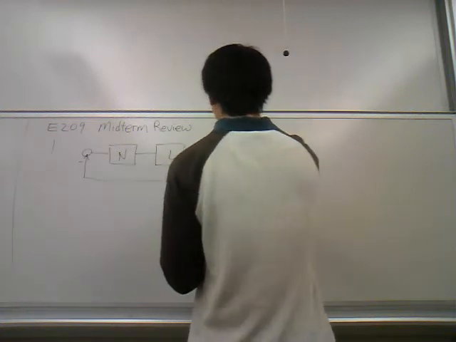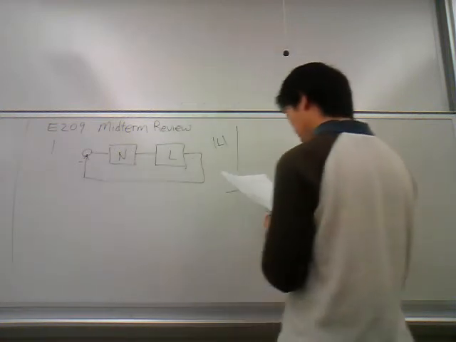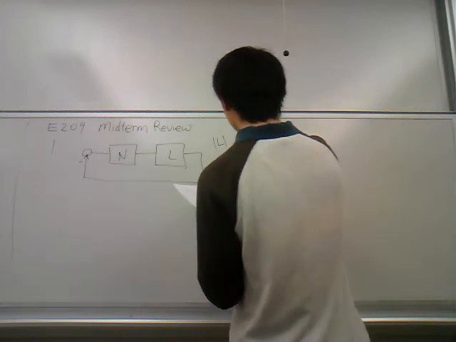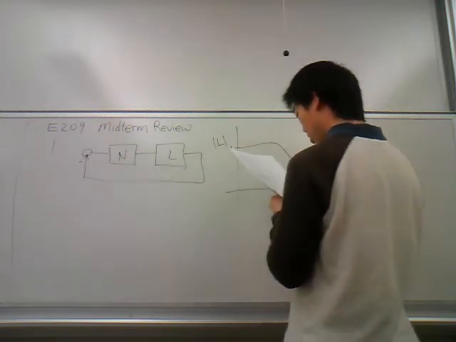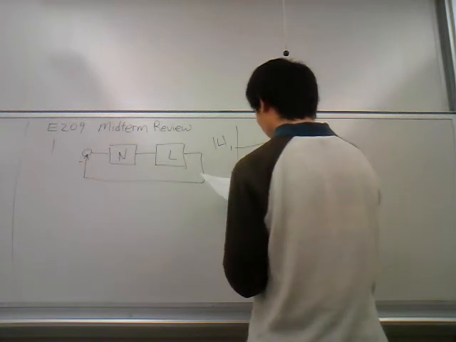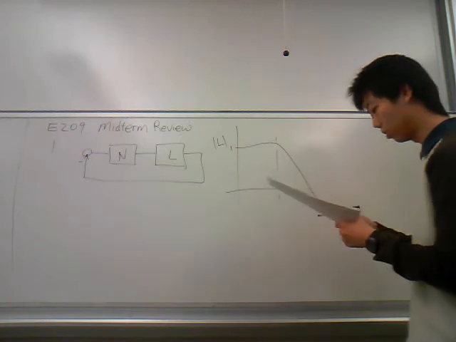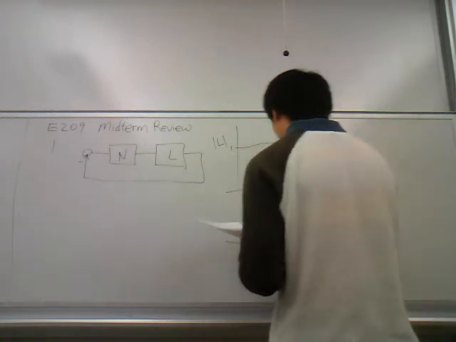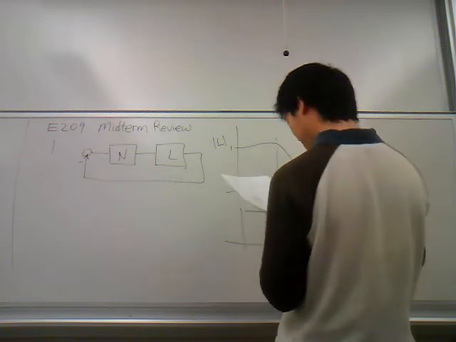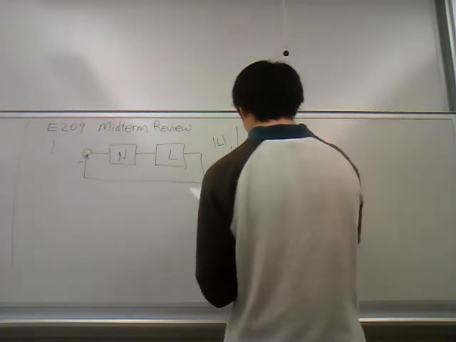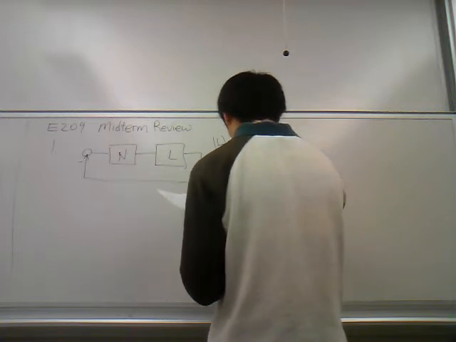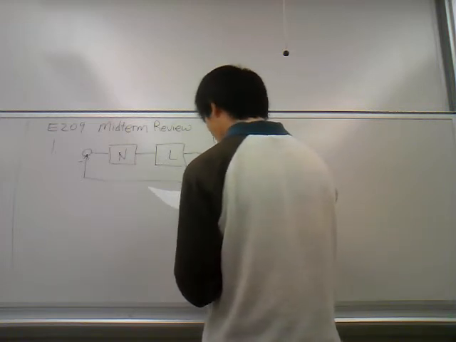So the magnitude of L looks like that. This is 1. Something like that. The phase looks like, it goes through negative 90.